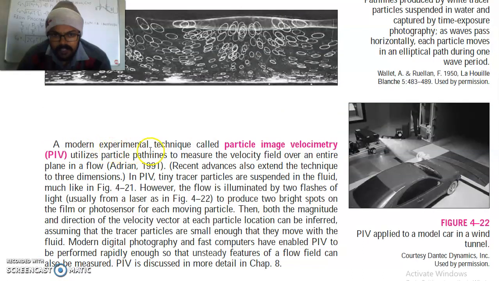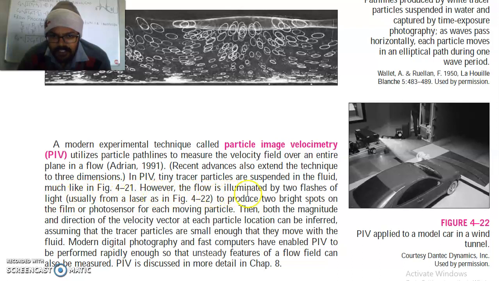A modern experimental technique called particle image velocimetry, PIV. So this is PIV applied to a model car in a wind tunnel. It utilizes particle path lines to measure the velocity field over an entire plane in a flow. In PIV, tiny tracer particles are suspended in the fluid, much like in figure 421.